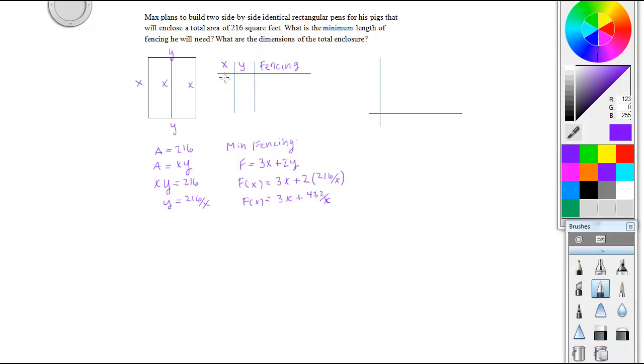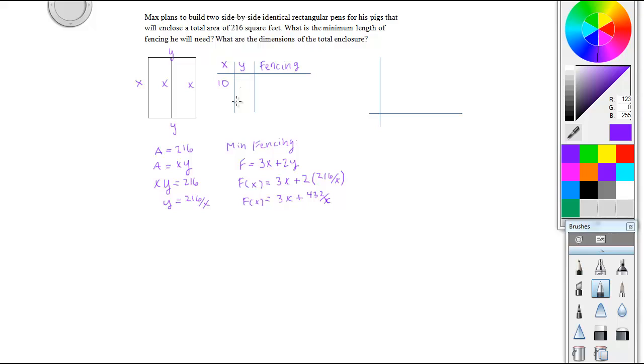So I'm not going to guess a number like 1 for the side length of the fence, because then this side would be 1 long and y would have to be 216 long. It doesn't make any sense for this problem. And 5 is probably too small as well, because if x were 5, then y would have to be in the 40s for us to get 216. So 10, I think, is a good place to start for this.